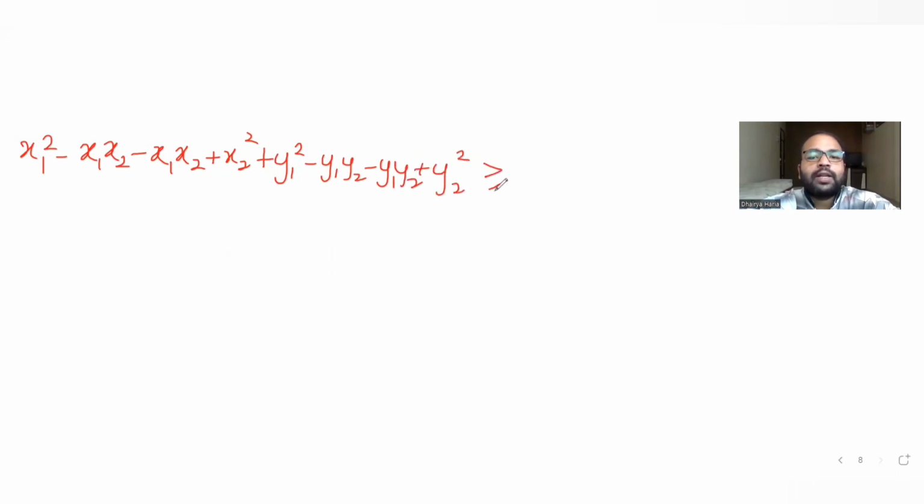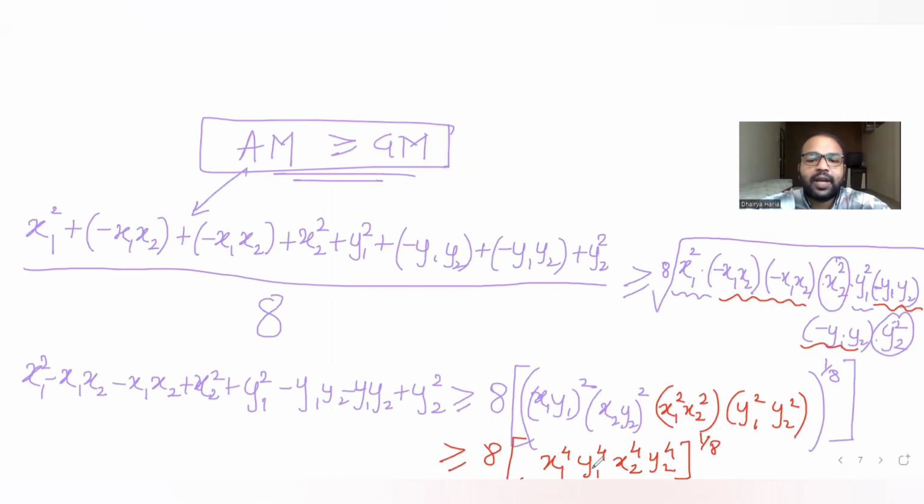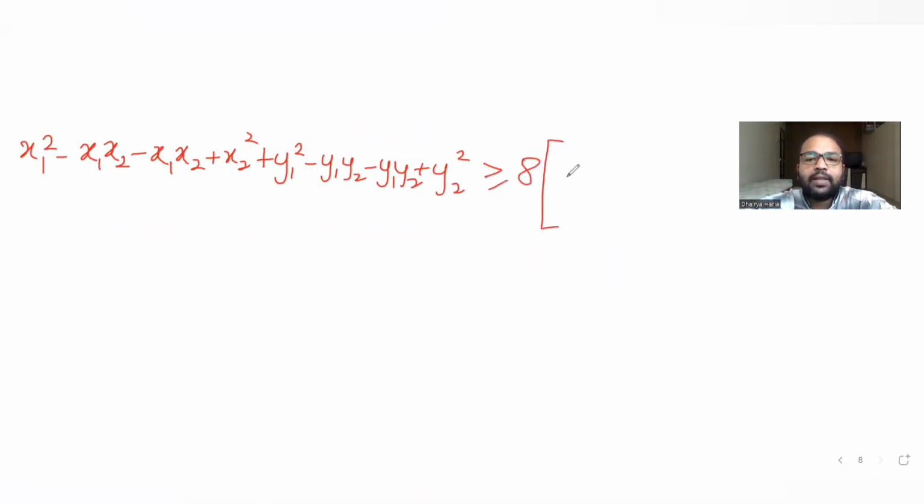We already know that is greater than or equal to 8 times this entire expression. I can write this as x1 into y1 the whole raised to 4 into x2 into y2 the whole raised to 4. This is entirely raised to the 8th root.